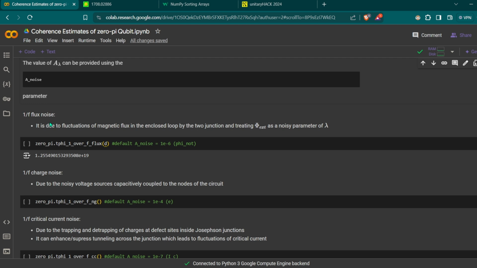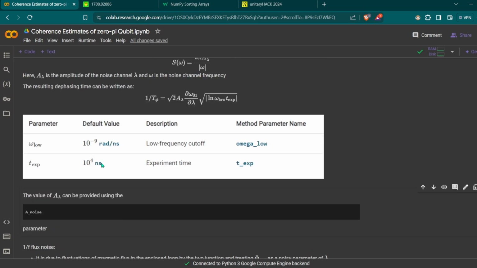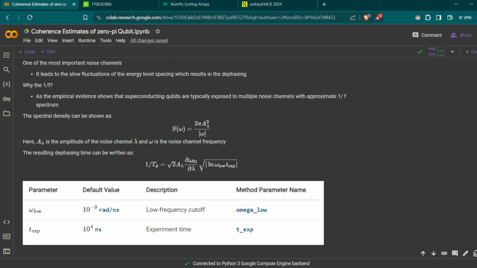In the case of 1/f noise, we have different types of noise methods. One of them is the flux noise, due to fluctuations of magnetic flux in the loop enclosed by the two junctions, treating phi external as a noisy parameter of lambda, which is our noise channel.